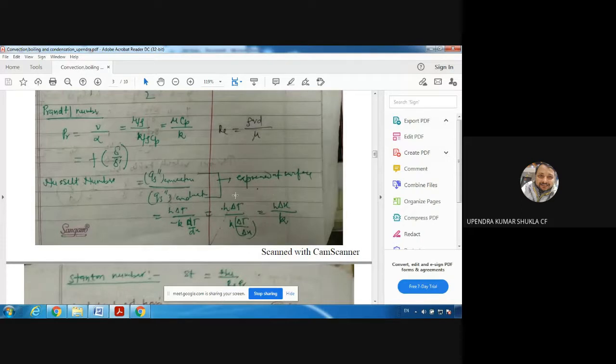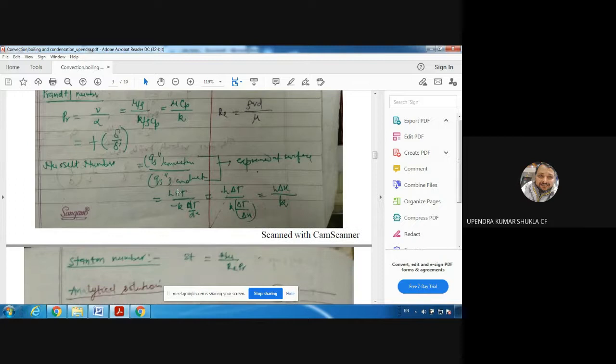It is expressed at the surface, meaning we are finding it at the surface. So h delta T is the convective heat flux, and minus k dT by dx is the conductive flux. Since we are taking it at the surface, it is also k delta T by delta x. We can write dT by dx as delta T by delta x. Delta T will cancel out, hence we will get h delta x by k.